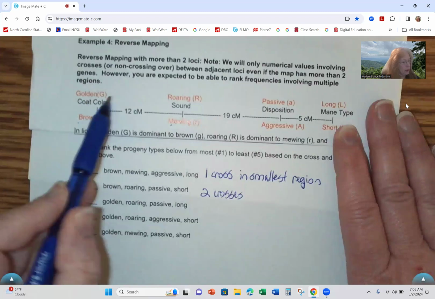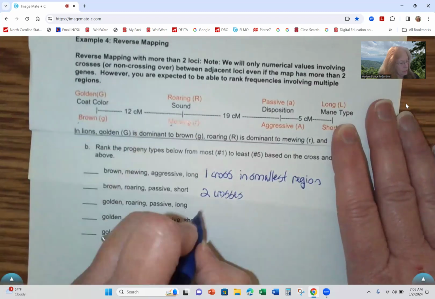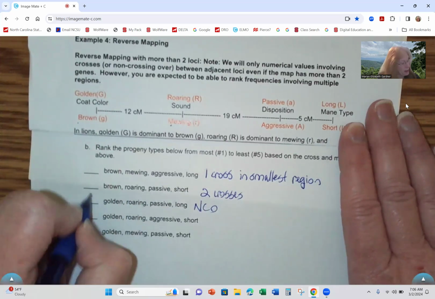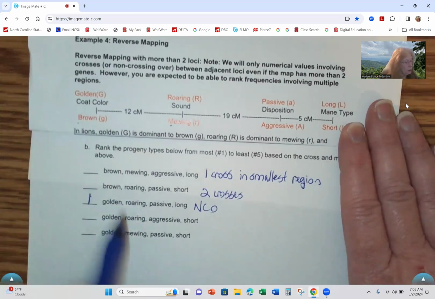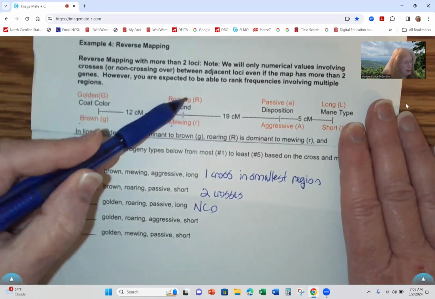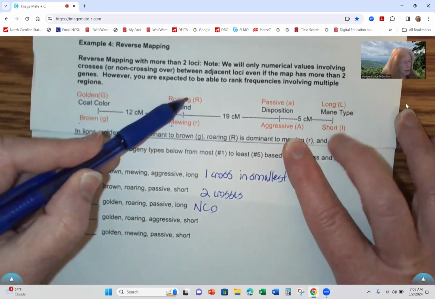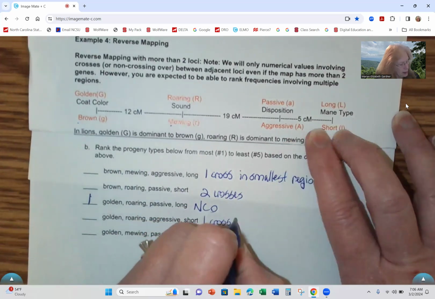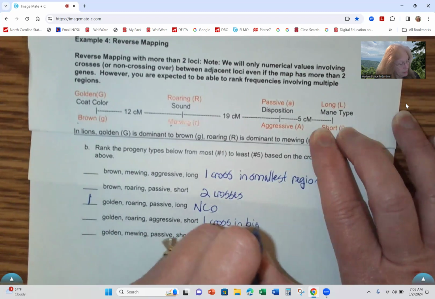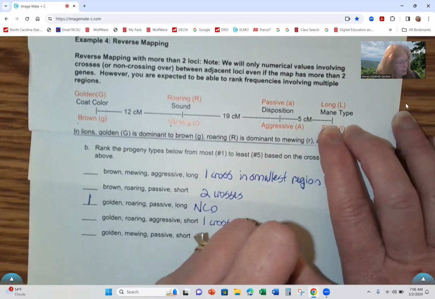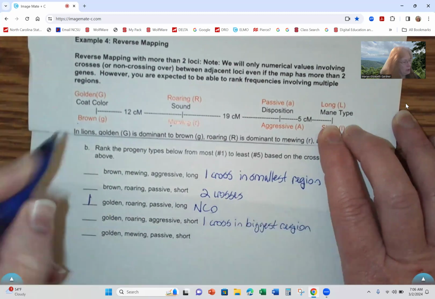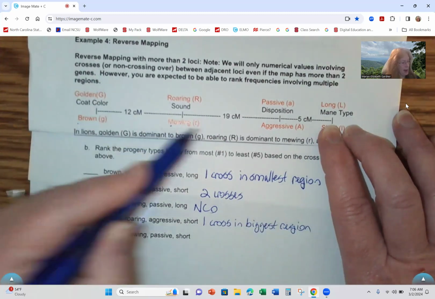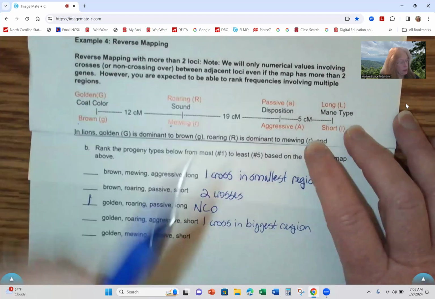Golden, roaring, passive, long. No cross. That's going to be the most common. We'll just give them a 1 right now. Golden, roaring, aggressive, short. One cross in the biggest region. Golden, mewing, passive, short. Whoa, 3 crosses.